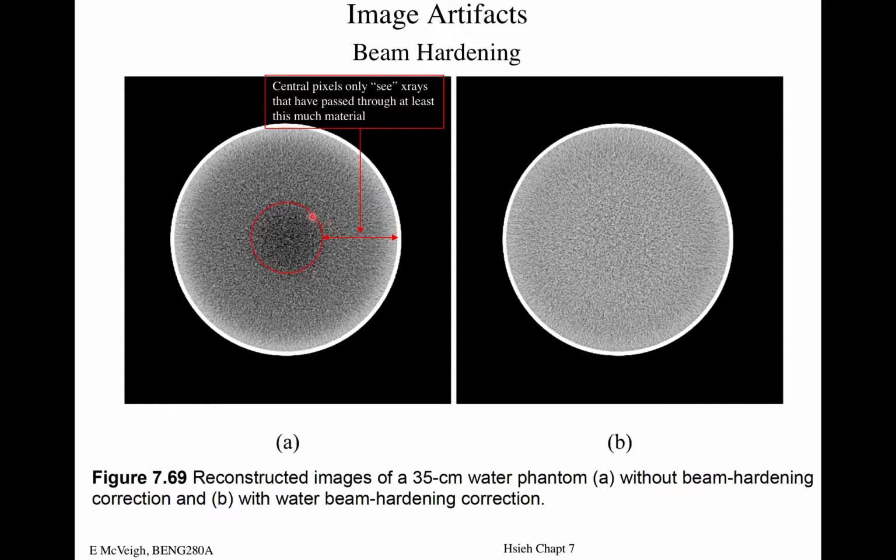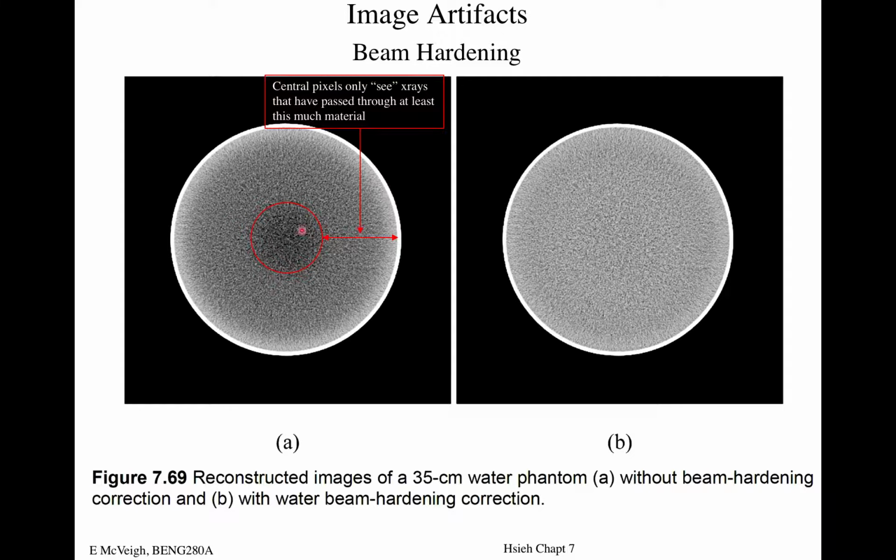And this hole is because for these central pixels, there's no way a beam hit these pixels without penetrating through a lot of phantom first, right? Whereas out here, there are a number of projections where the beam just went in here, hit the pixel, and came through here, right? And so it had a much lower energy beam.